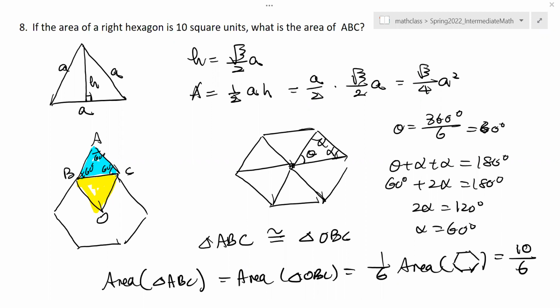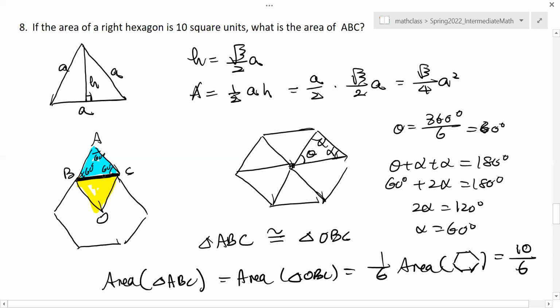So yeah, this is a little bit difficult, right? So what do you do? Step 1, you should know that the regular hexagon consists of 6 equal triangles. That's the first point. Second point, the triangle ABC has the same size as one of the 6 triangles inside the hexagon, because they share the same edge.